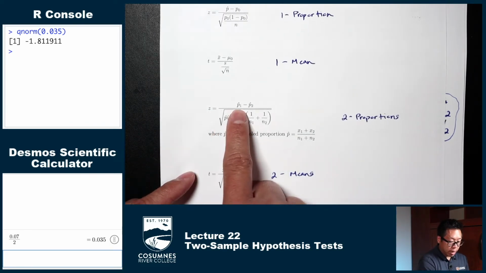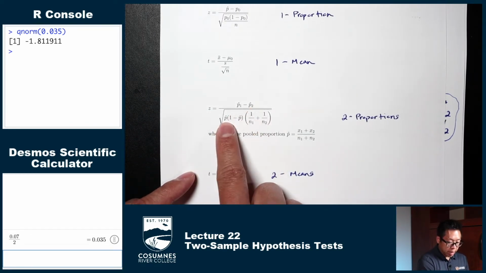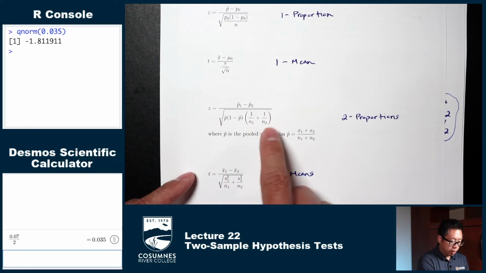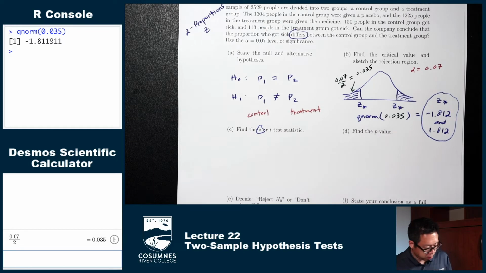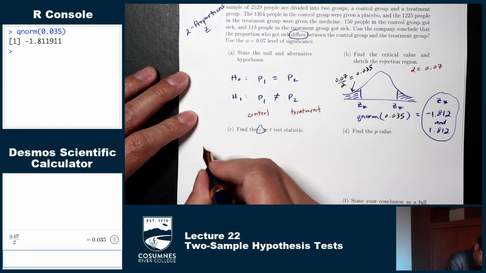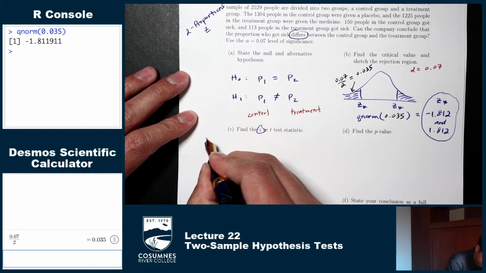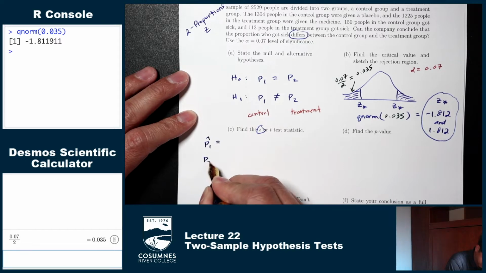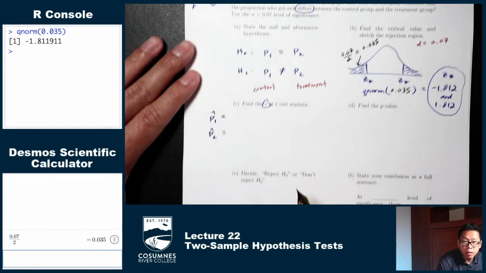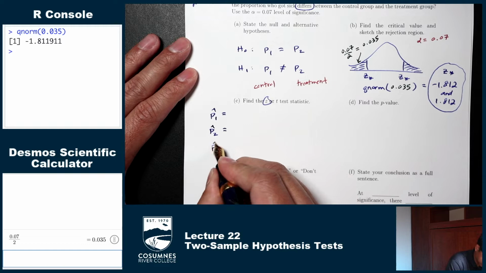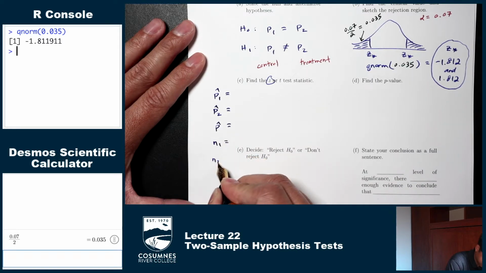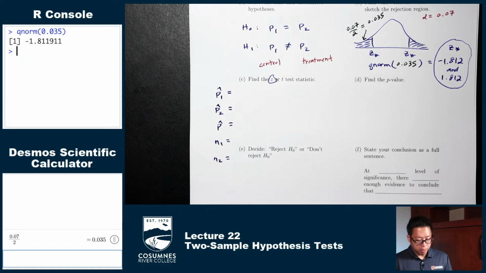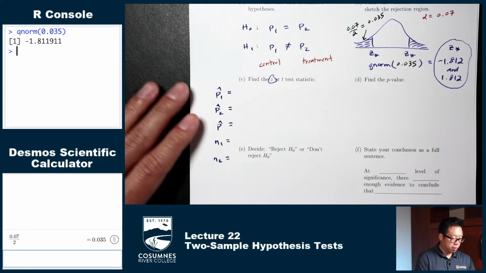It has a P1 hat and P2 hat, P hat, no numbers, and N1 and N2. So let me write all of that down. Okay, what are all these?